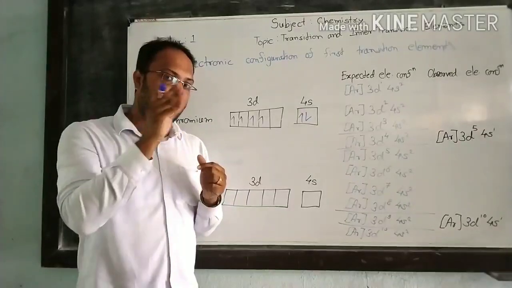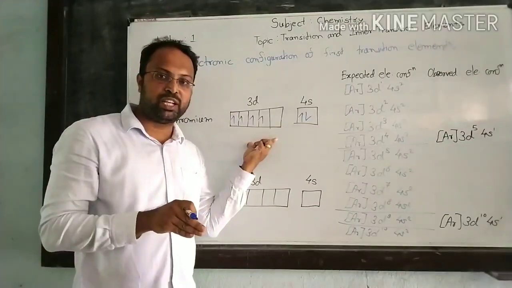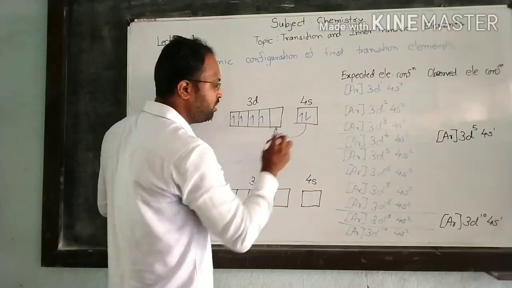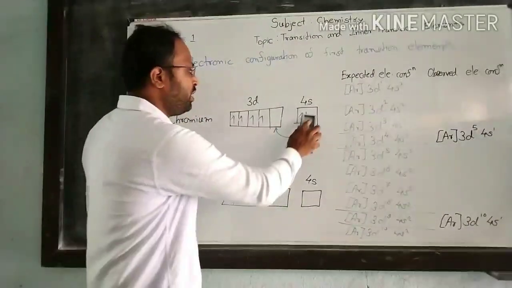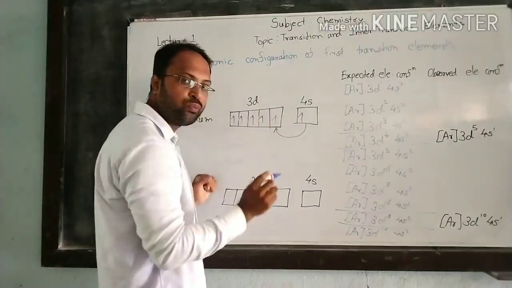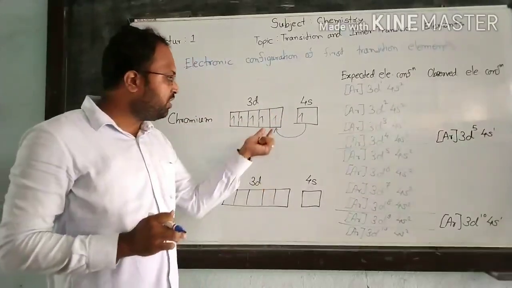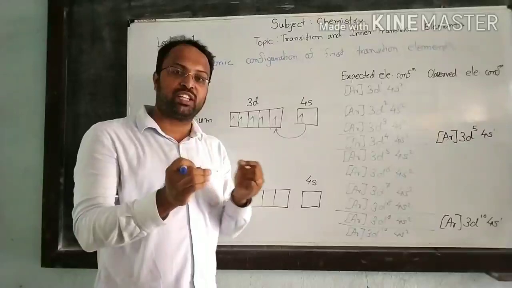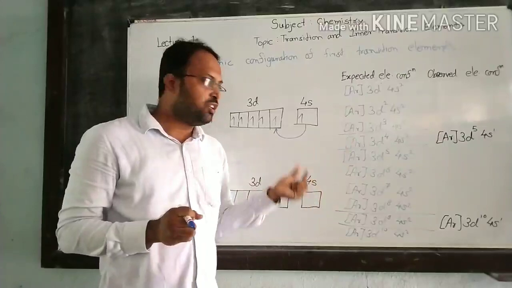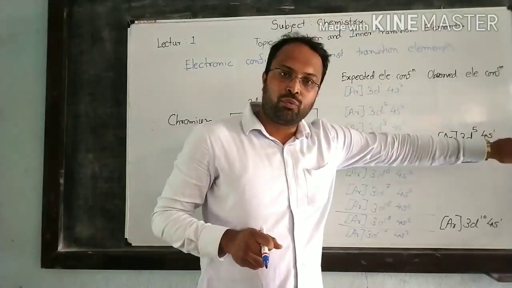So a half-filled shell requires only 1 electron, which is transferred from 4s. The configuration becomes 3d5 4s1. In that case the configuration is half filled, so it has extra stability. That is why chromium has the electronic configuration 3d5 4s1.